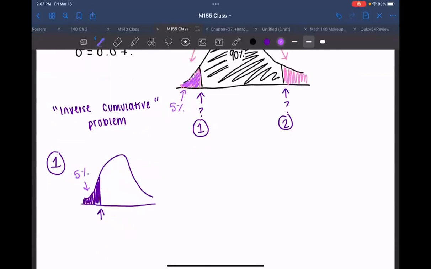Now, Minitab doesn't like percents, so let me change that to a decimal, 0.05. Here's my hint for finding the leftmost one. We're going to use inverse cumulative.